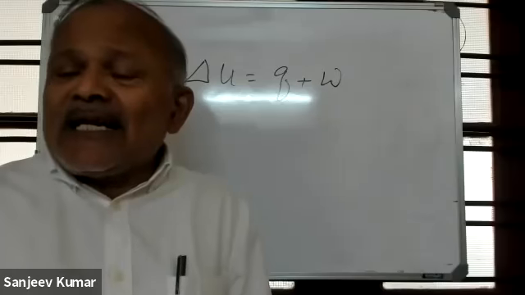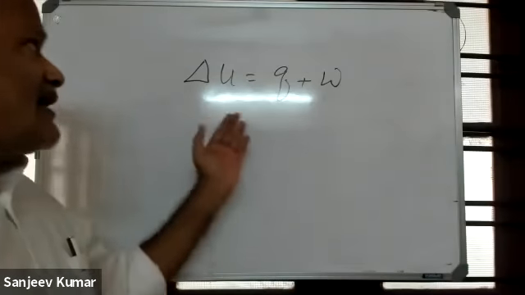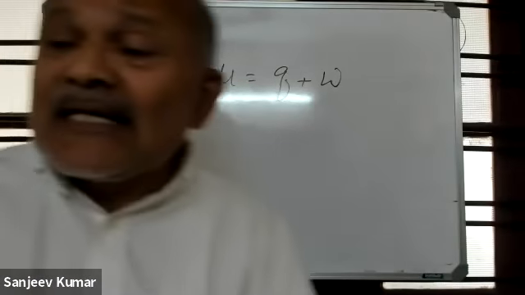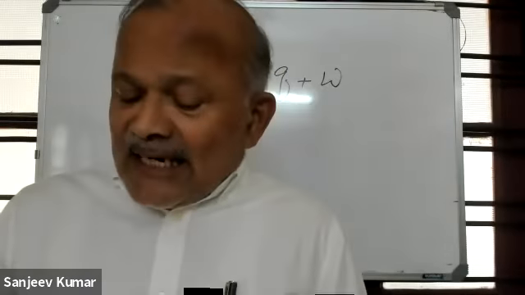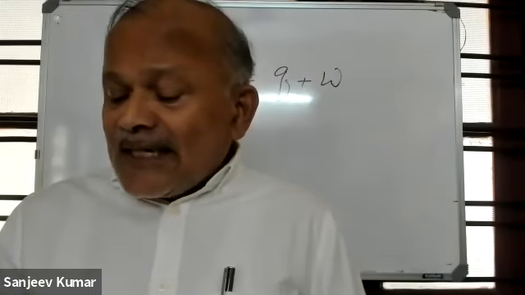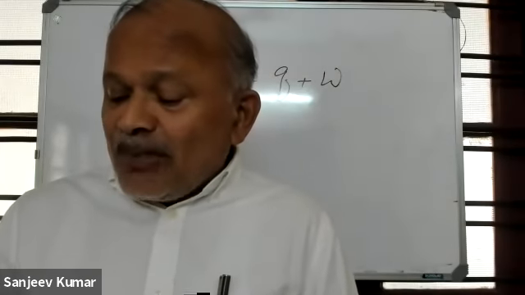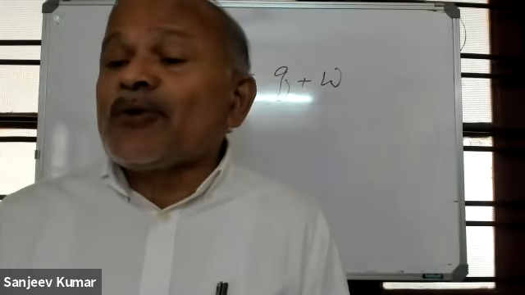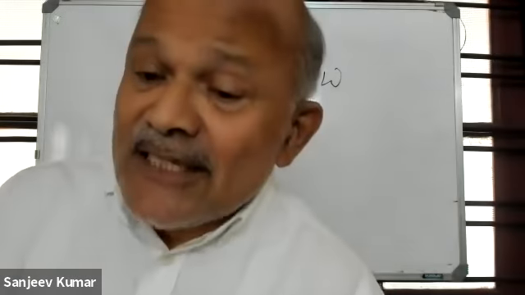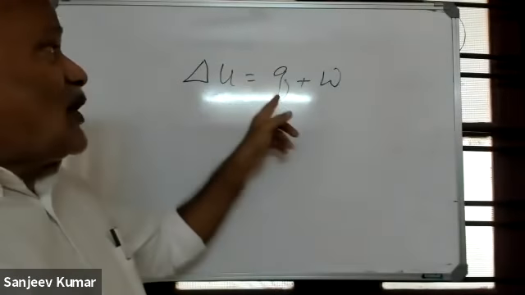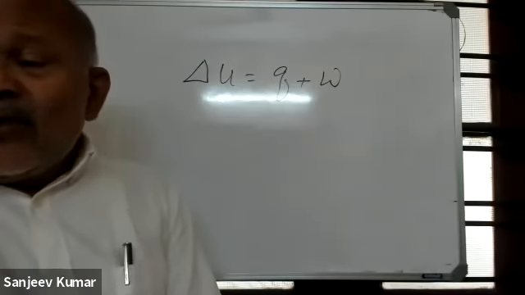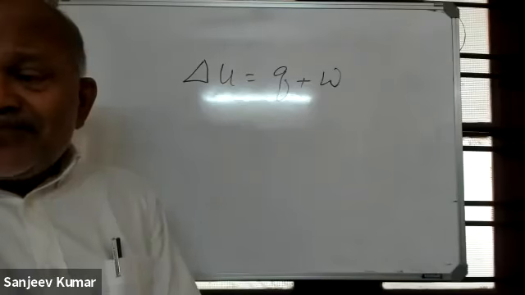Therefore, definitely, the heat change accompanying will influence the internal energy. About statement D, the internal energy of the system does not change when the heat passes into or out of the system. That statement is wrong. You know that delta U is equal to Q plus W. What are the sign conventions?